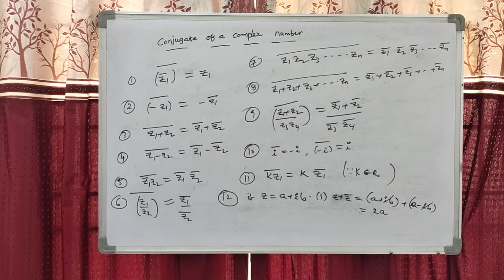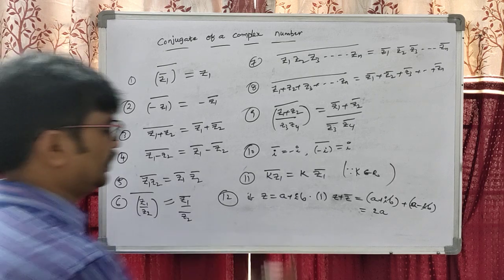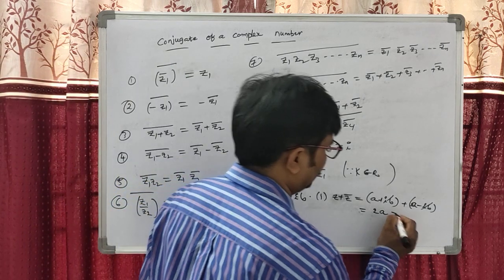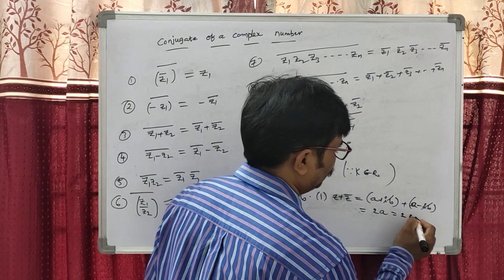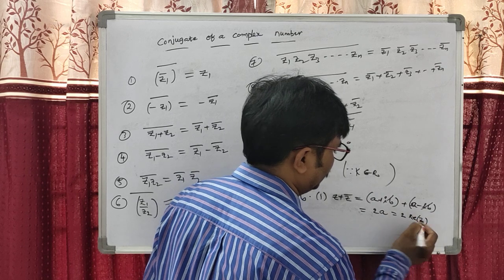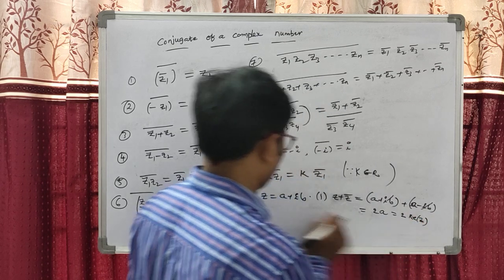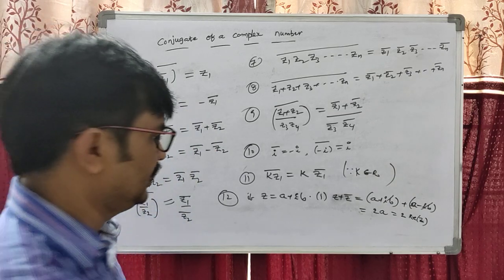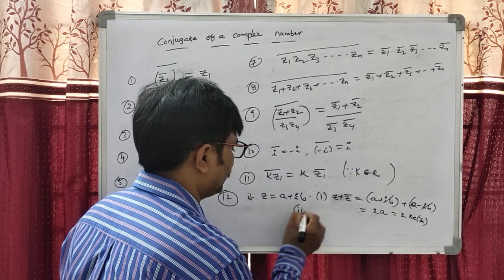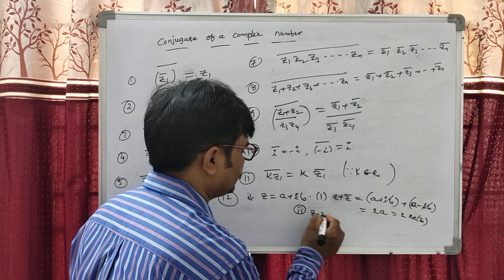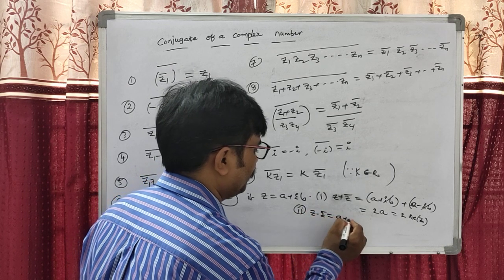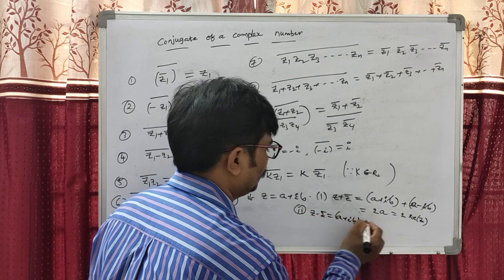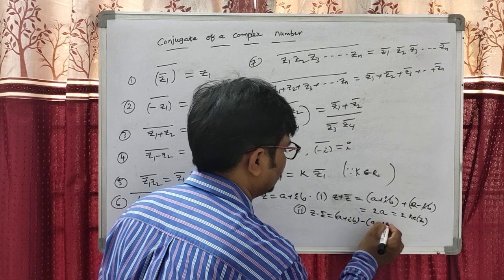That we can write as, what is a? The real part of z. So this can be written as 2 into the real part of z. Now the subtraction: z minus z bar is a plus ib minus (a minus ib).